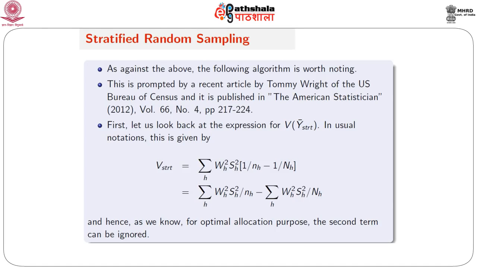So it is a very straightforward expression, summation WH square SH square, 1 over little NH minus 1 over capital NH. You can split into 2 parts. The first part depends on the sample size NH, and the second part is of course a constant for our purpose. So for minimizing the variance, for ascertaining optimal allocation, it is enough to look only to the first part.